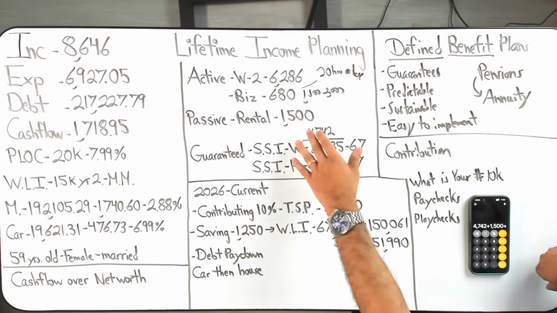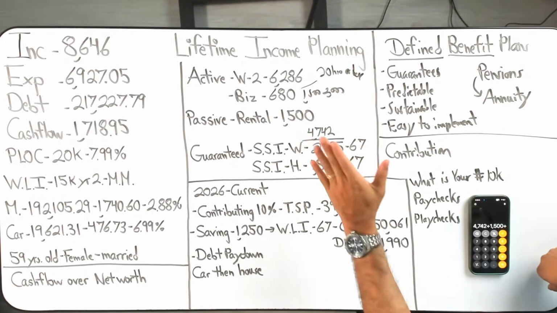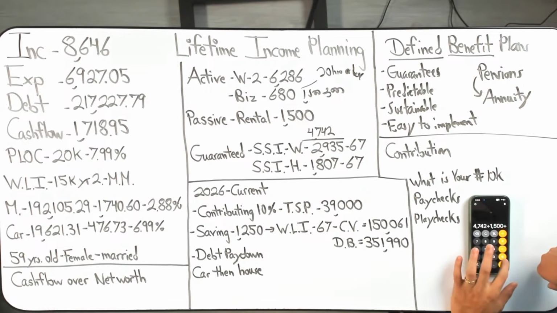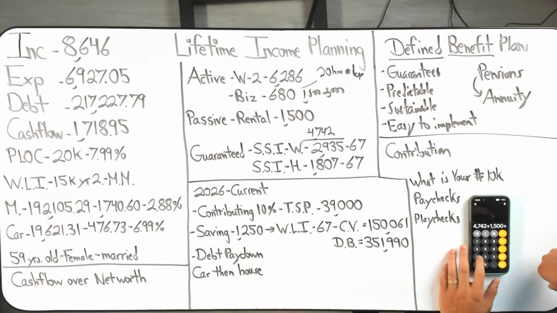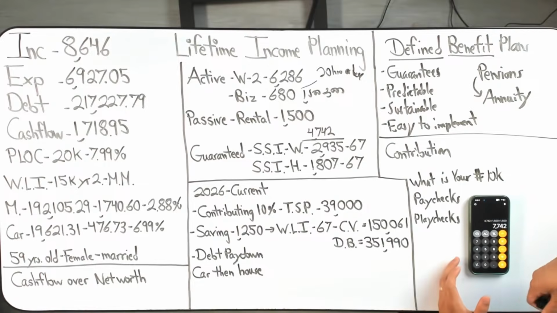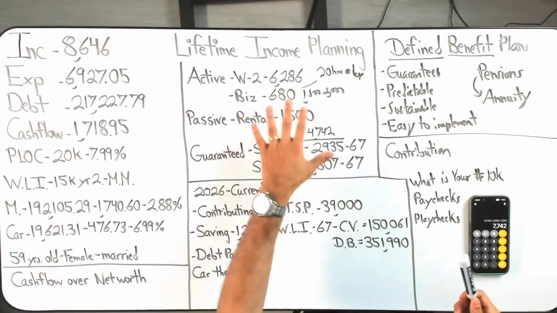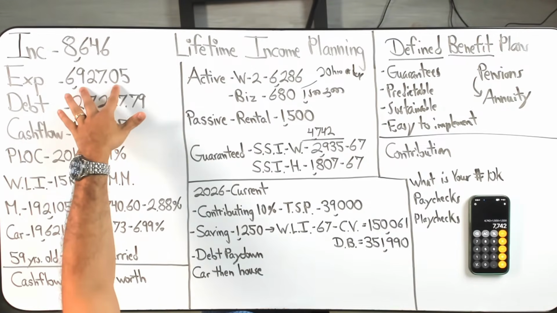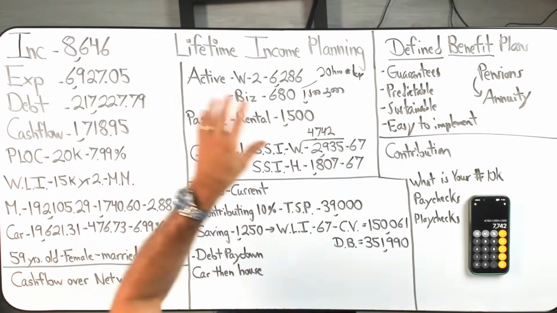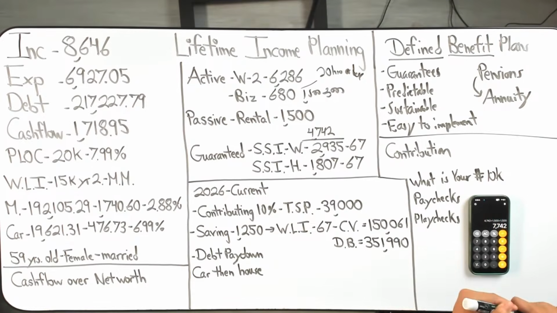Rent will continue to increase. We're being conservative, so we're going to keep that number of $1,500, and I'll use the lower number, $1,500 of active income. So we're at 7,742. That alone does exceed cost of living, but not her number, 10K.